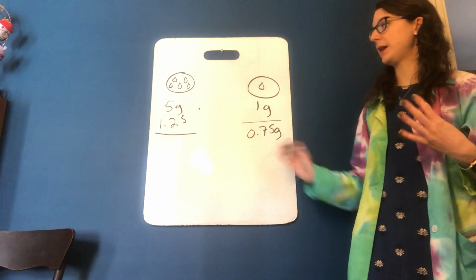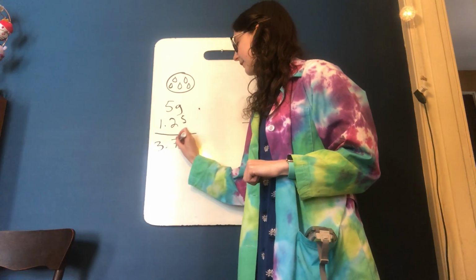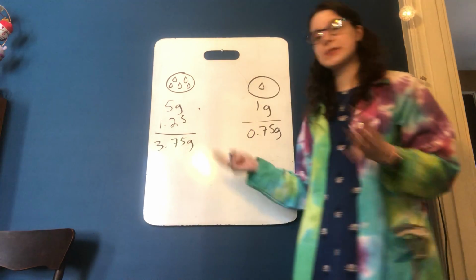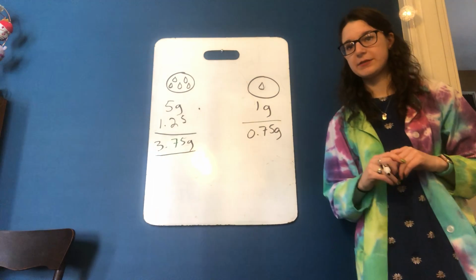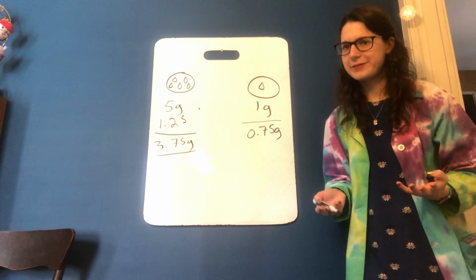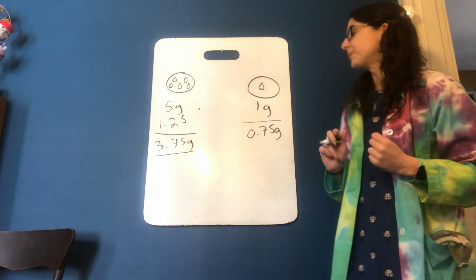So 5 minus 1.25 would be 3.75 grams. So once I pop the popcorn and I measure it on the scale, I would expect to get 3.75 grams if it was made up of 25% water, which probably is not true.